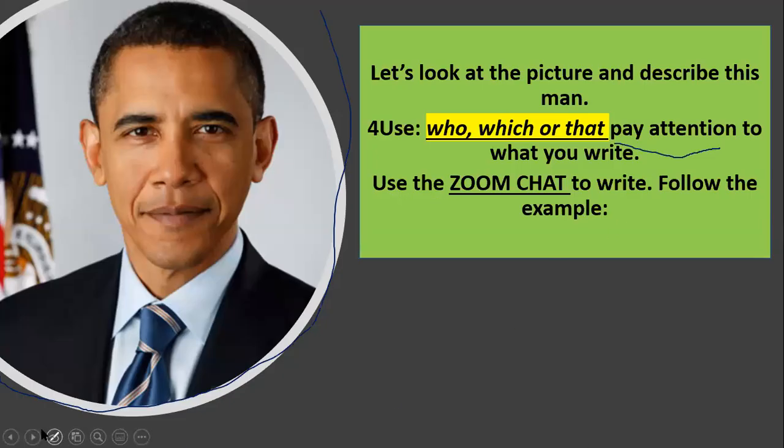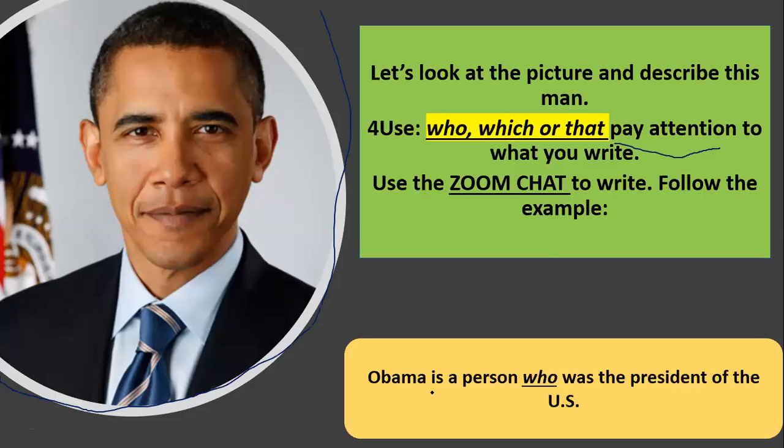So for example, I put: Obama is a person who was the president of the United States. So what you're going to do is click on the group chat and write.